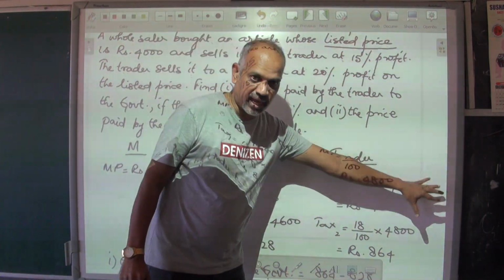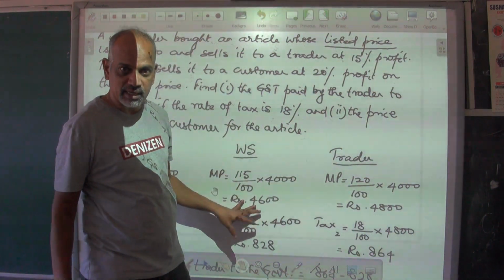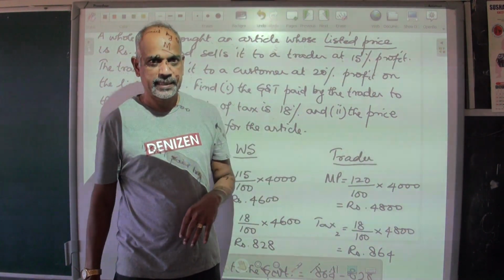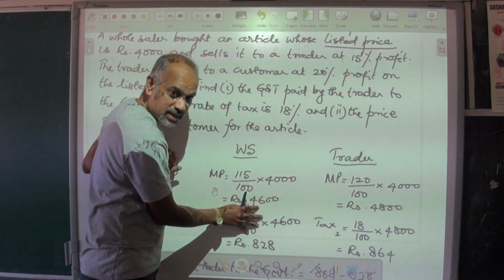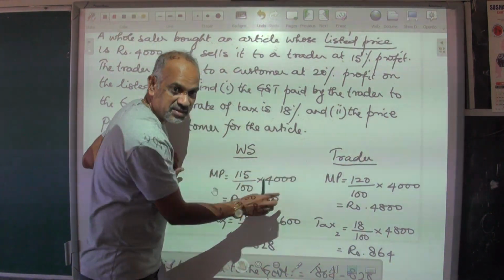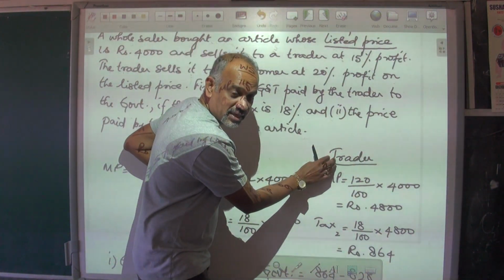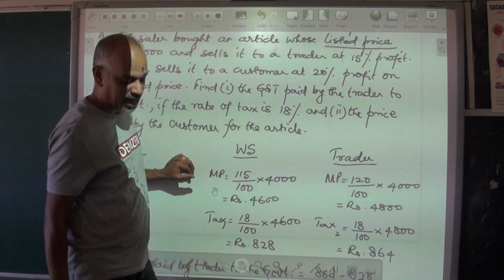He collected some tax from the customer. He has already paid some tax to the wholesaler. The difference between them is the GST that the trader has to pay. So which means you have to find the tax in this case, because you have to know how much the trader paid as the tax. You also have to find the tax that the trader receives from the customer. So both these taxes have to be calculated.